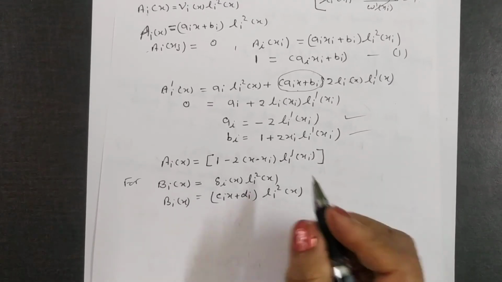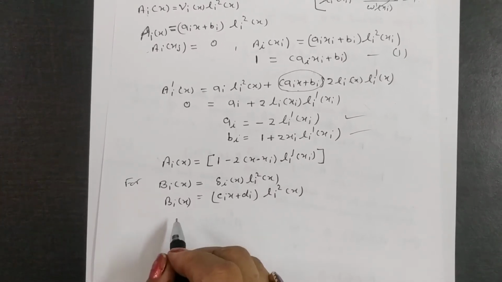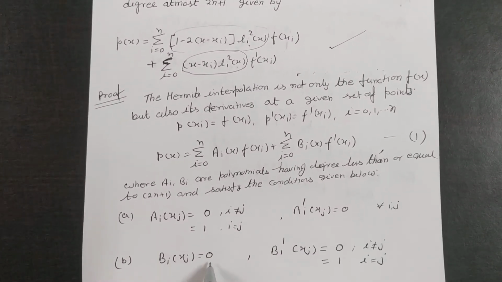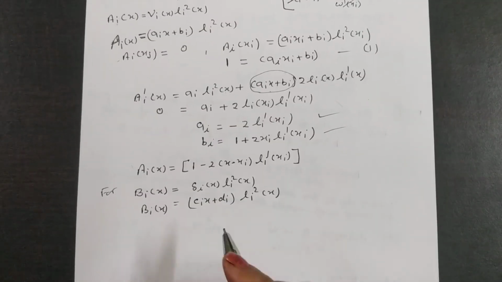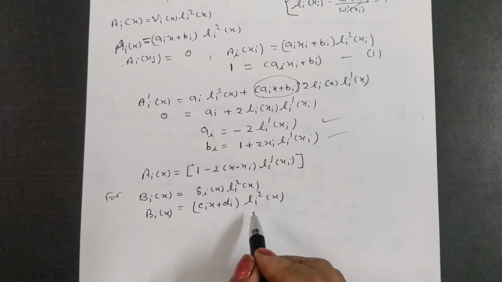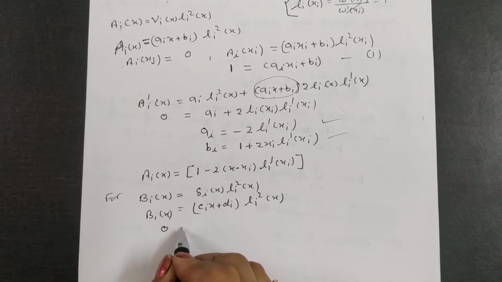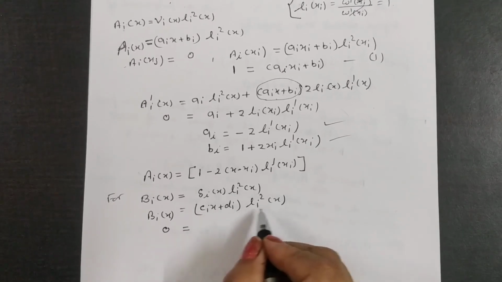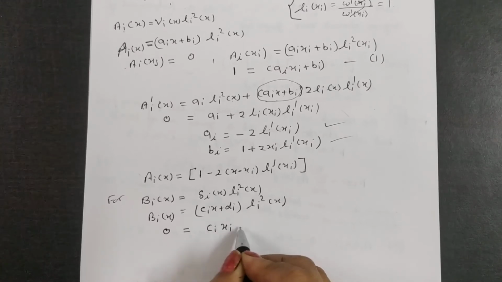Okay, now in the same way you can also calculate the values. Here the conditions are bix j equal to 0 and bix i again equal to 0. At the point x0 this is 0, but at the point xi we have ci xi plus di.